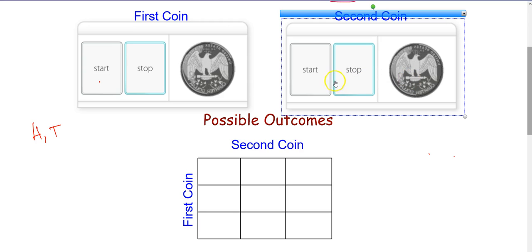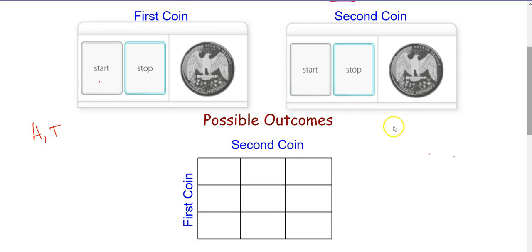And here I am saying tails, and again when you do it, tails. Likewise, each time you flip the coin, you have even chance of getting either a heads or tails. So first coin can give you either heads or tails. In the same way, the second coin also can give you either the heads or tails.